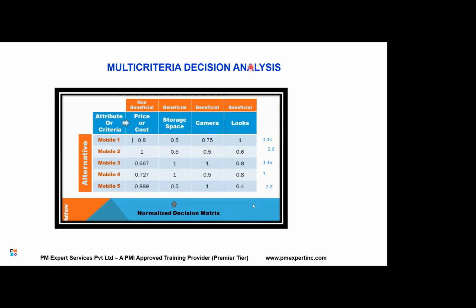But Pankaj, if it is already price sensitive, then we need to go with price only, isn't it? No, it's not solely on price sensitivity, because we have to see other features also. People demand storage space also. So what I mean is, I can give weightages like this: 3 to price, 2 to storage space, 1 to camera, maybe looks only 0.5. So we can change the weightages.